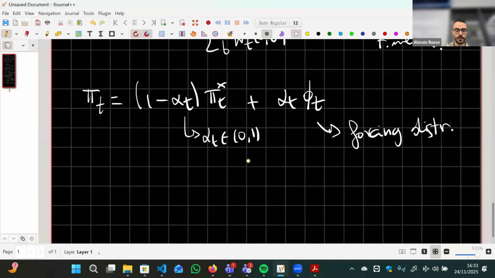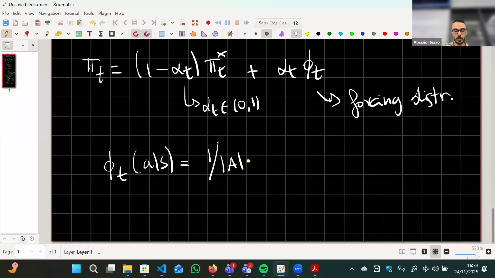One, for example, could use as forcing distribution just a uniform distribution. There are also other possible choices. But what I'm going to do now is to show under which conditions we can guarantee that our estimate will converge to the true one.